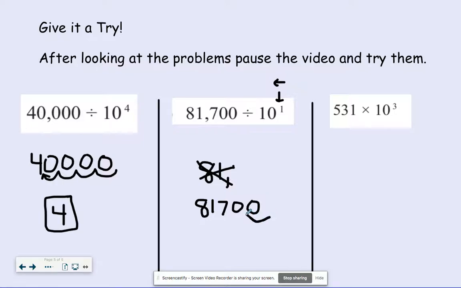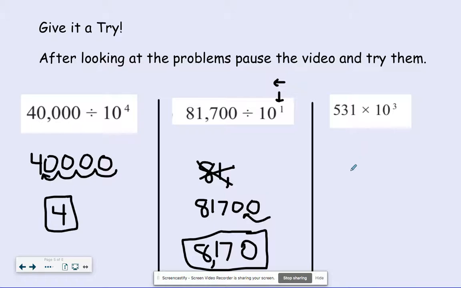So we go 1 spot to the left from the end. We end up with an 8, a 1, a 7, a 0. And we got to go put our comma in 3 spaces from the end, comma. So our answer for that one is 8,170.